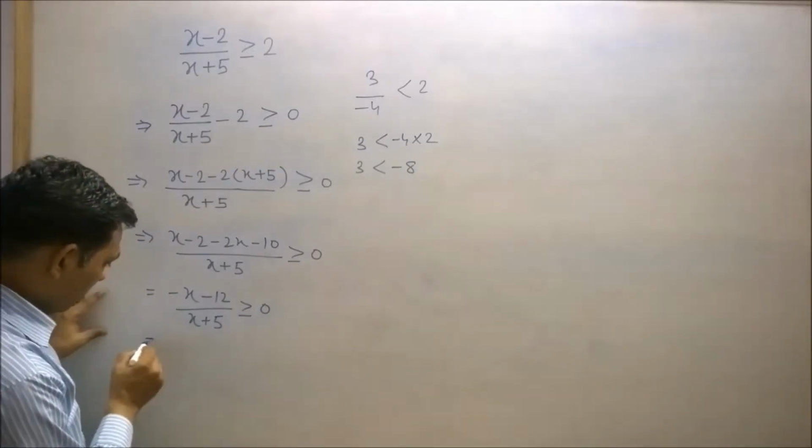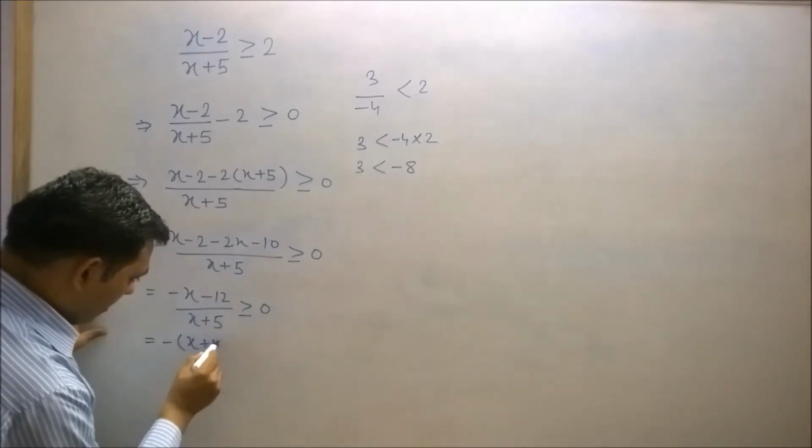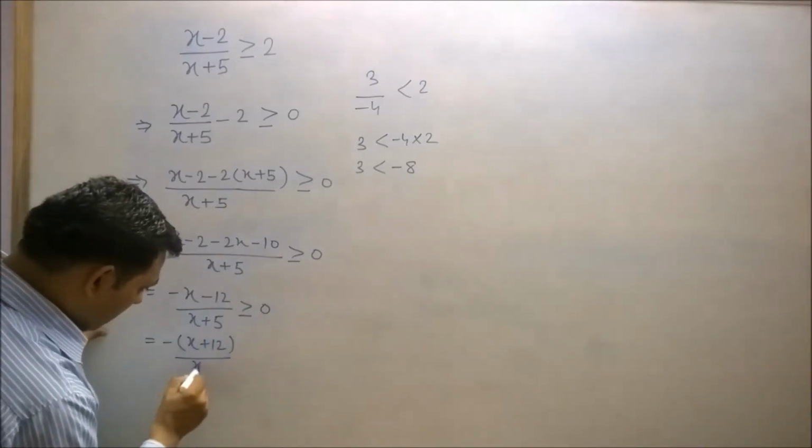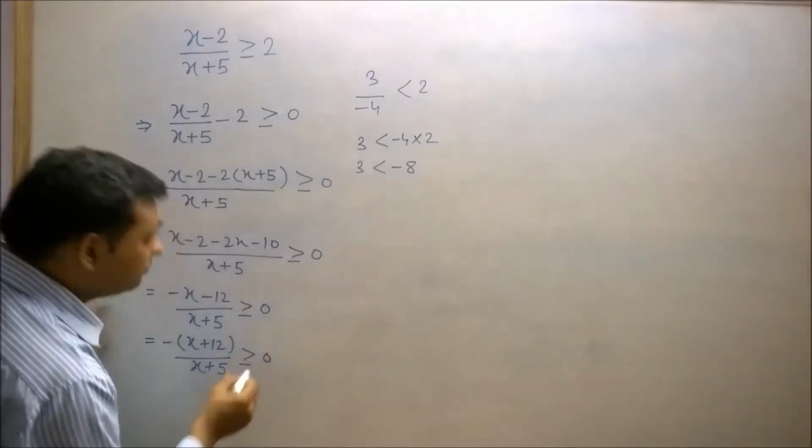Taking -1 common here, -(x + 12)/(x + 5) is greater than or equal to 0.